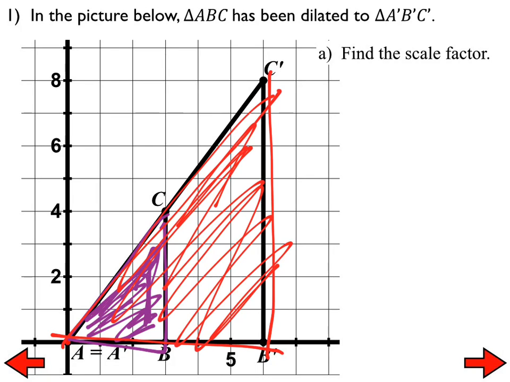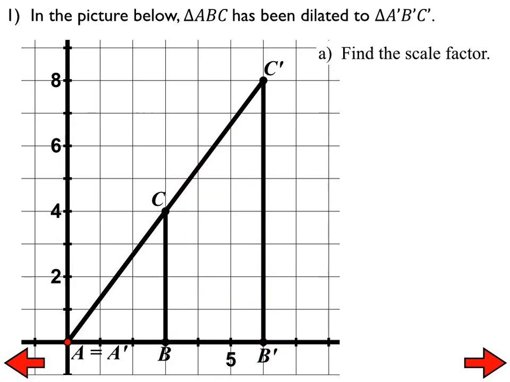That's what the dilation looks like. We started with a small triangle and we are dilating to create a bigger triangle. That means the scale factor has to be bigger than 1. That's the only way you can make it bigger.